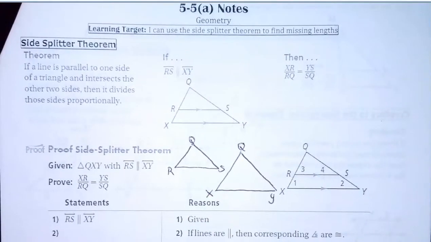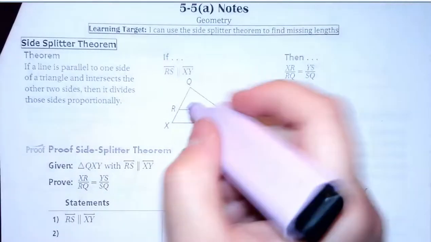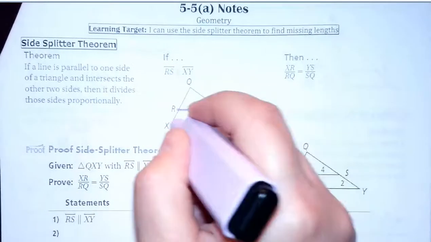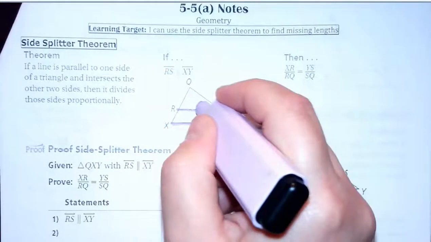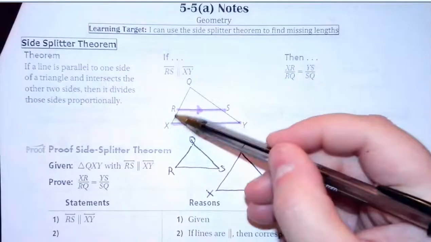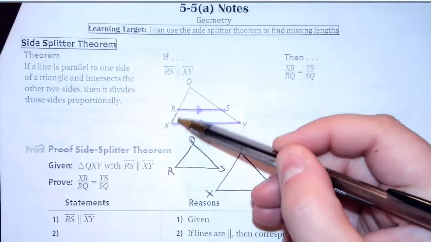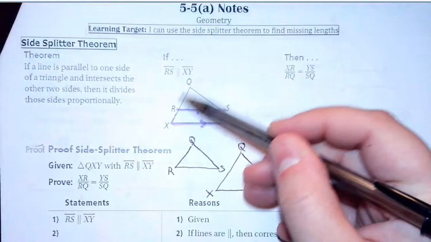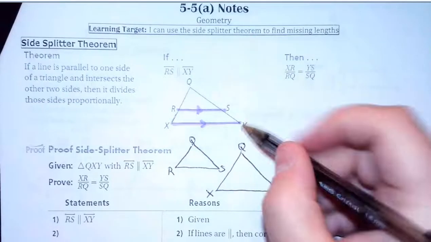So if you guys look up to the diagram here in the middle, these two lines, R to S and X to Y, those are being marked as parallel, and so it's going to cut the sides in proportion. So they wrote this XR over RQ, so down that side is equal to YS over SQ.